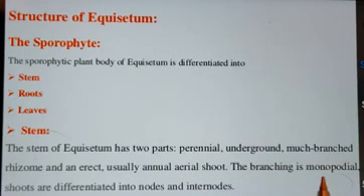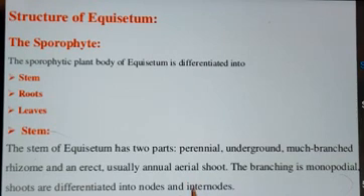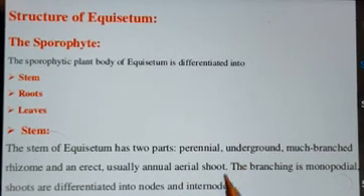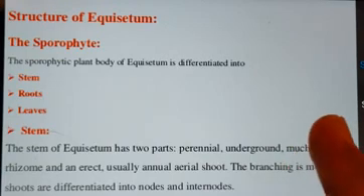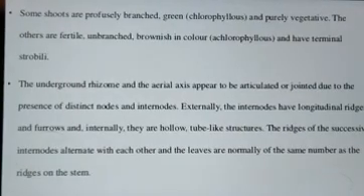The branching is monopodial, mono meaning single. Shoots are differentiated into nodes and internodes. You are very well aware of the node and internode.